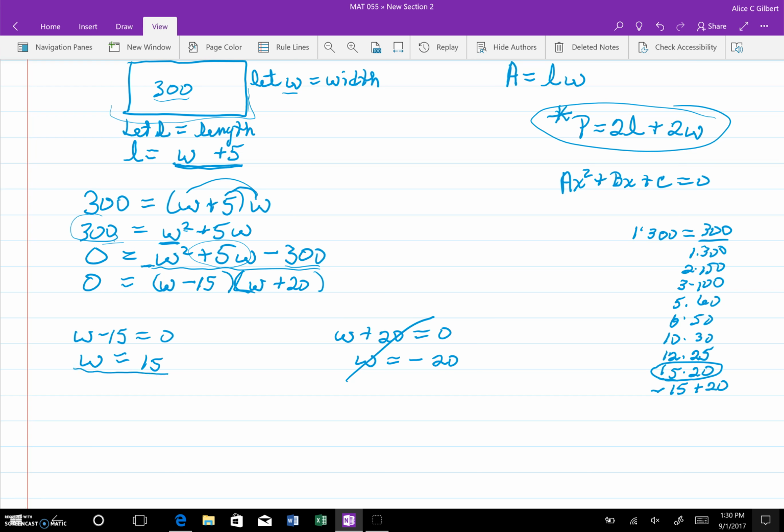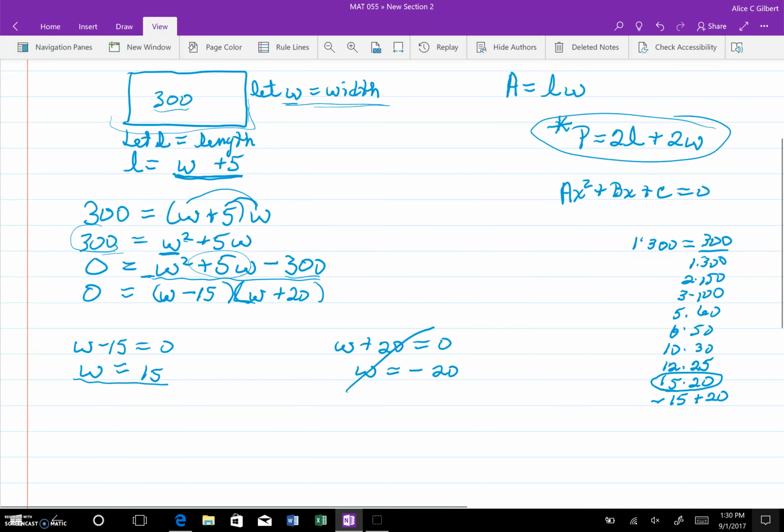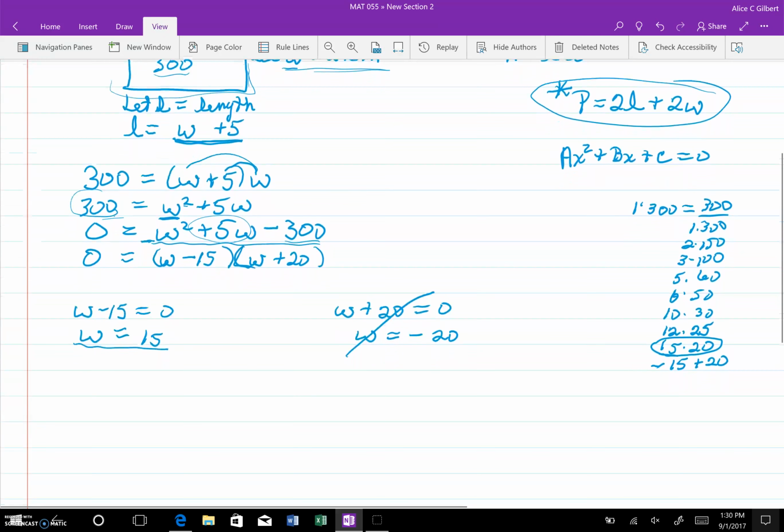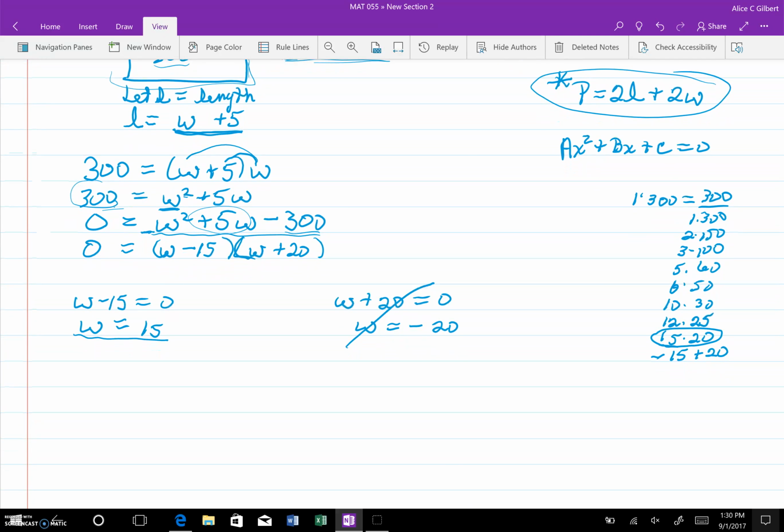So this is my answer. And w, oh look, w is my width. So now I know what my width is. That's one of my dimensions. So all I need to do now is find my length. And so length then equals width plus 5. And so my length equals 20.